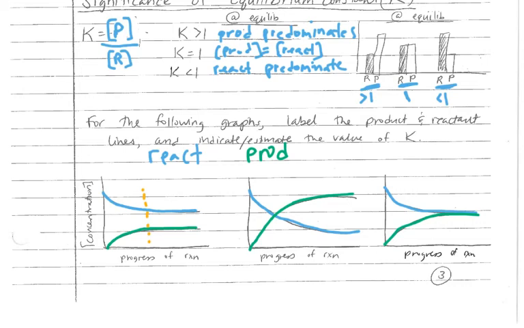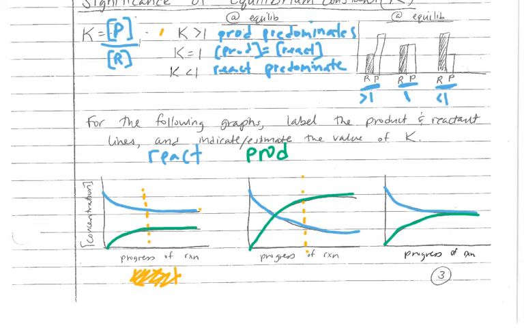In this one we have more product than reactant, so that means that we have a K of greater than 1. In this one, we reach equilibrium somewhere over here. The lines become parallel. The amount of product and reactant is no longer changing. But in this case, I did this one wrong. The blue line is reactant.